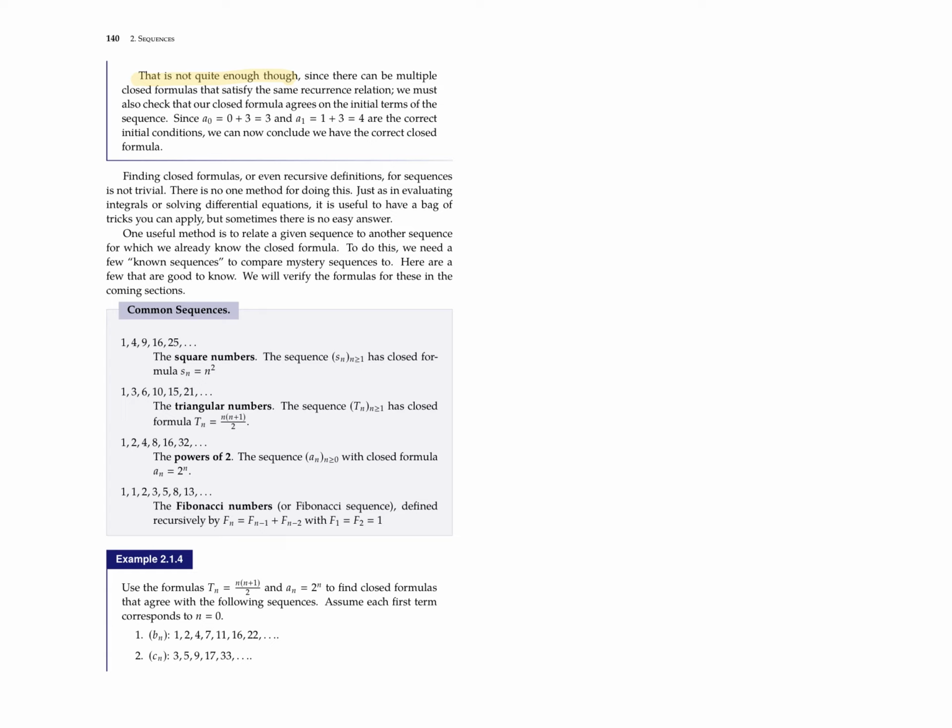We must also check, and this is very important, that the closed formula agrees with the initial conditions of the recursive sequence as it was defined. Remember, our closed formula was an equals n plus 3. Does it work for a0? Is it going to be 3? Definitely. Does it work for a1?